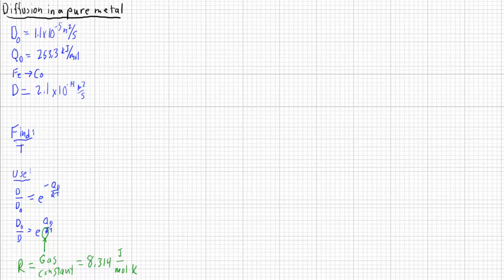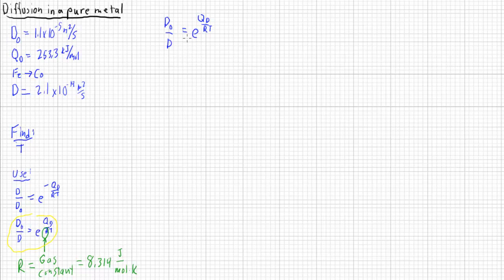All right, so we'll just do all this in variables and start with this one right here. So I'll just rewrite that: e to the QD over RT.